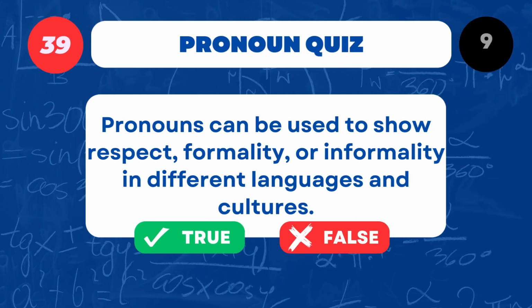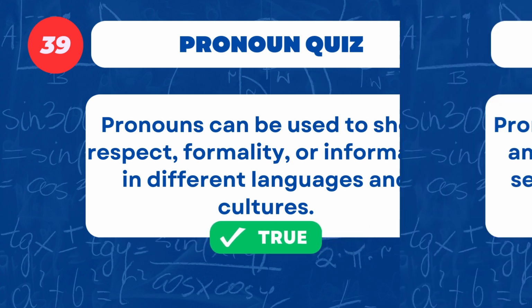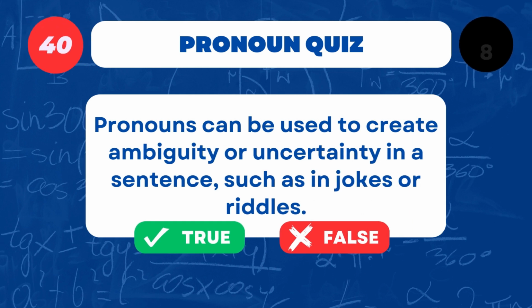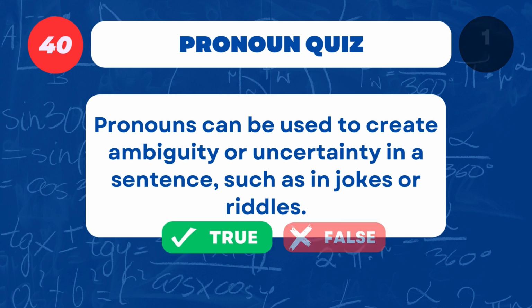Pronouns can be used to show respect, formality, or informality in different languages and cultures. True. Question number 40. Pronouns can be used to create ambiguity or uncertainty in sentence, such as in jokes or riddles. True.